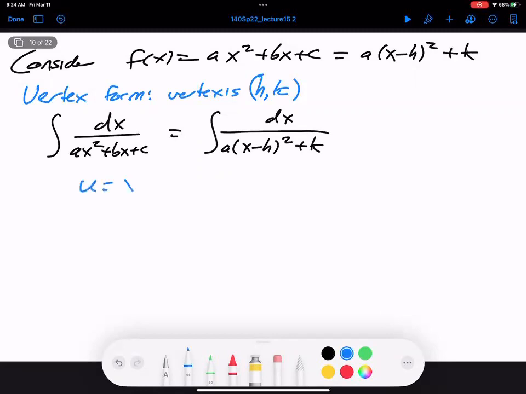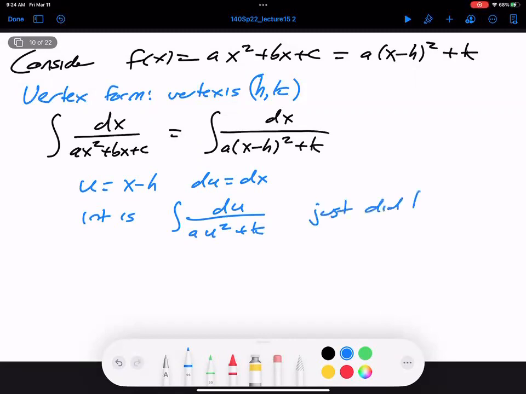Let u equal x minus h. du is just dx. So the integral is the integral of du over a u squared plus k. And we just did that. So if I have something in vertex form, I can immediately reduce it to an integral I've already done.